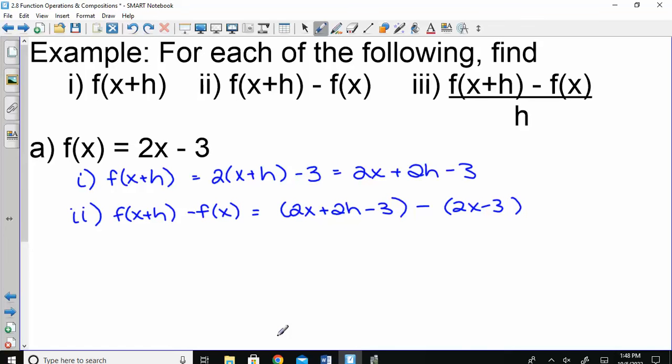What would you do there? Distribute your negative and combine like terms. Positive 2x and negative 2x cancel. Positive 3 and negative 3 cancel. And so all we get is 2h.